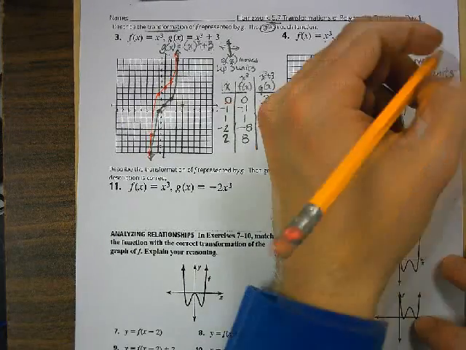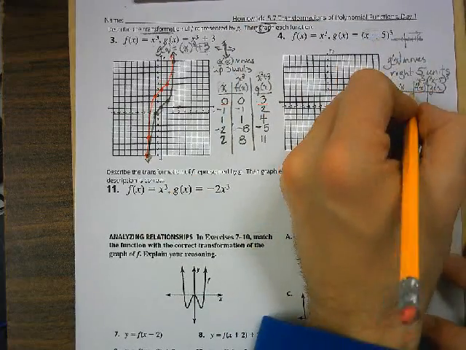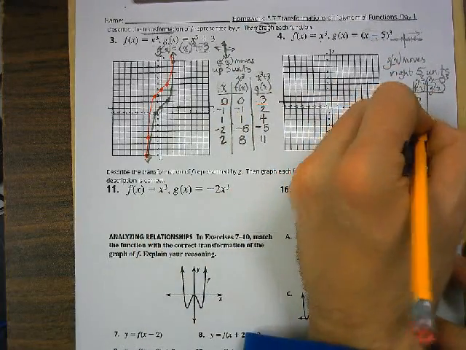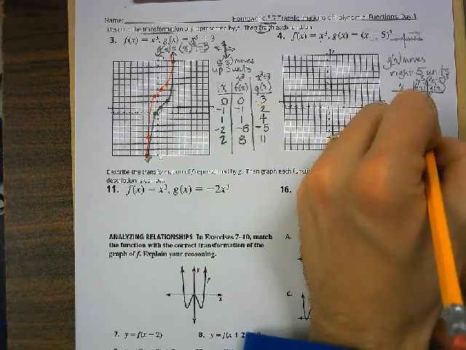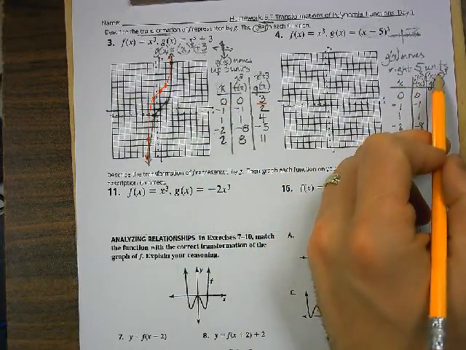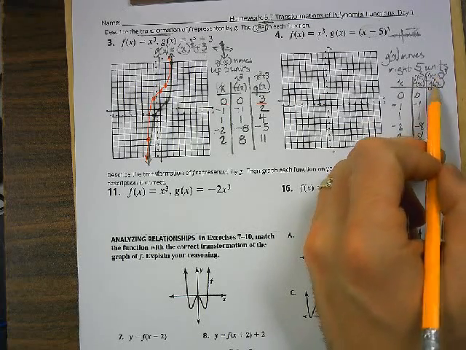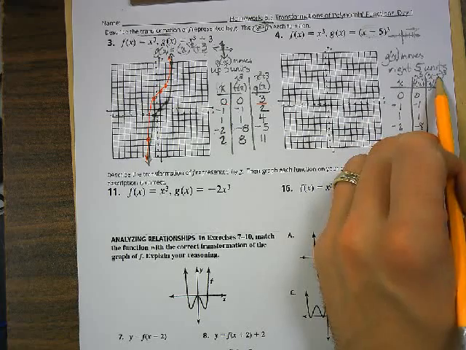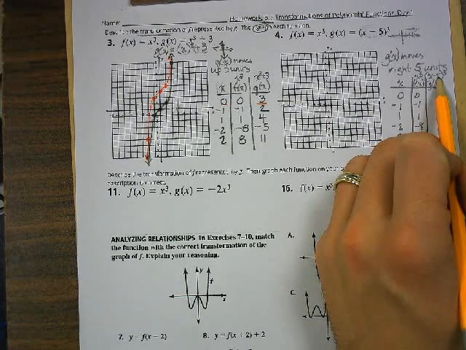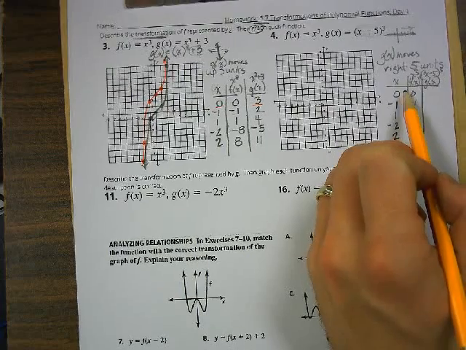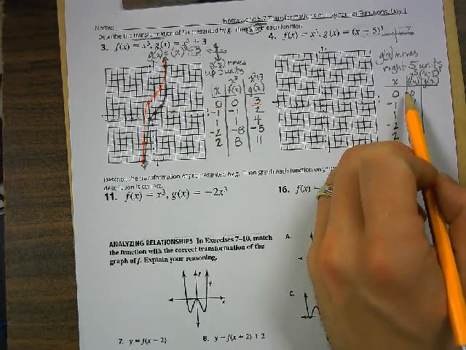Okay, so 0 cubed is 0, and we can copy all of these over. -1, 1, -8, and 8. So 0 minus 5. If x is 0, we're going to look for -5, and then fill all of this in.